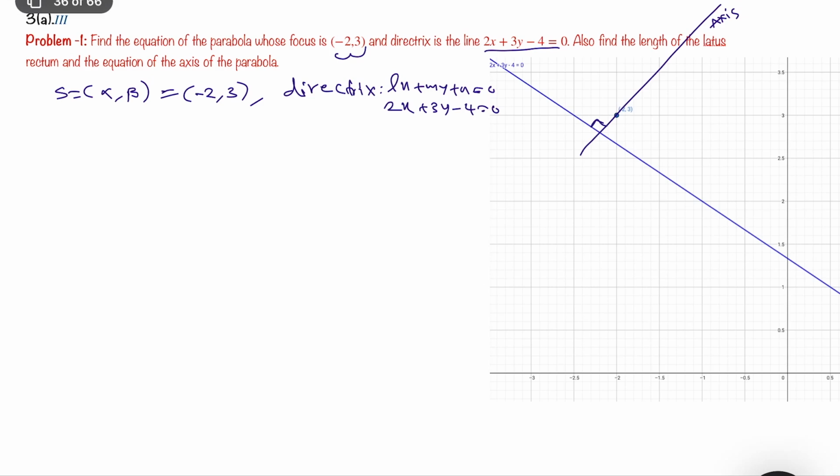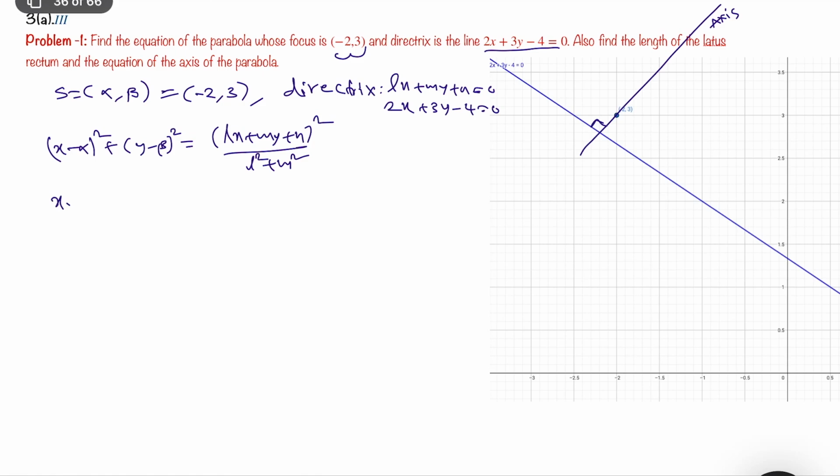So the general equation of the parabola with focus (alpha, beta) and directrix Lx plus my plus n equal to 0 is this: (x minus alpha) whole square plus (y minus beta) whole square equal to (Lx plus my plus n) whole square by (L square plus m square). Here alpha equal to minus 2, beta equal to 3, L equal to 2, m equal to 3, n equal to minus 4.